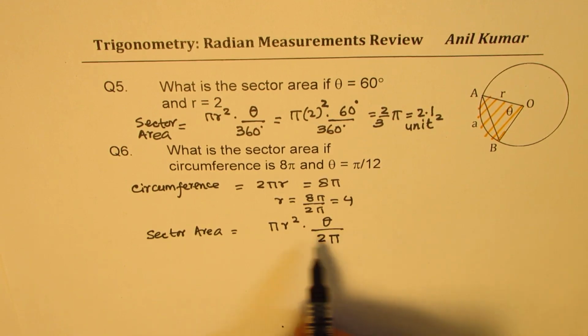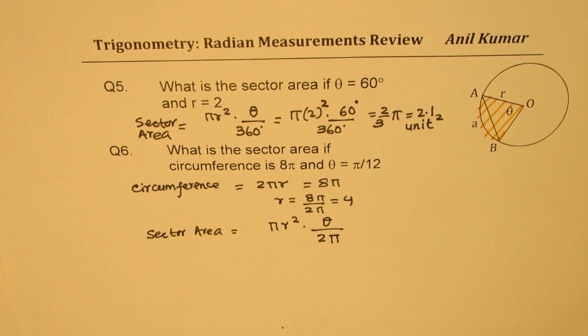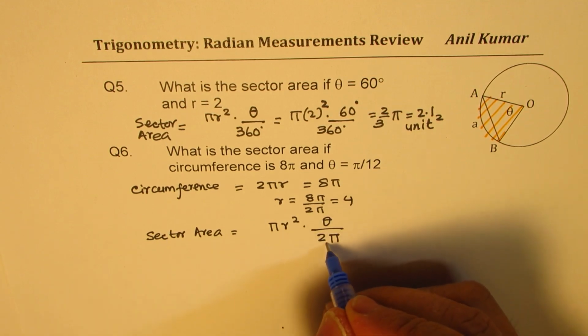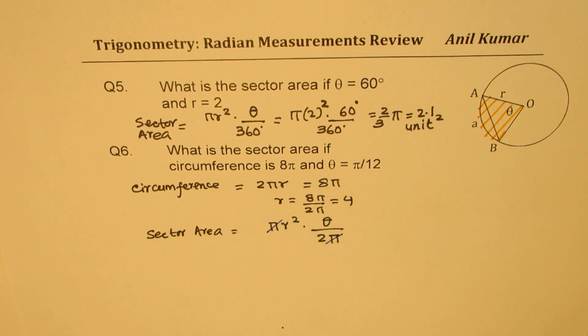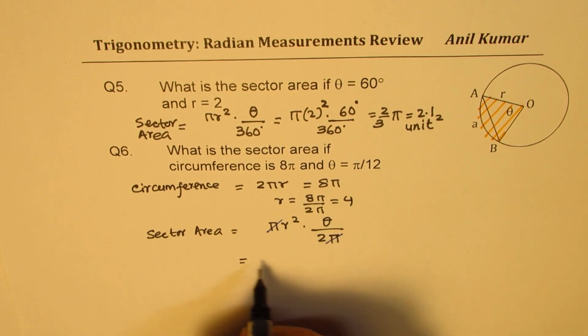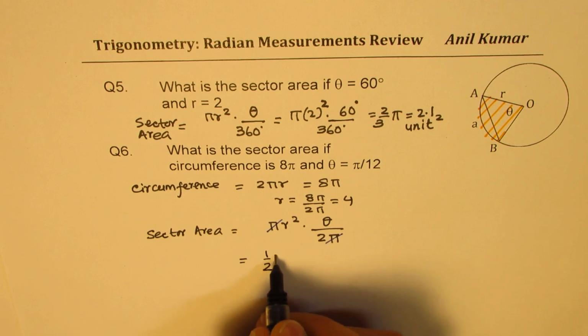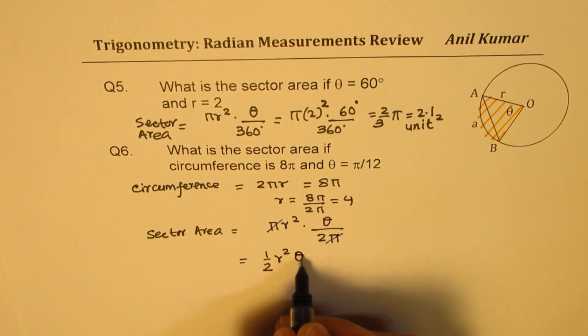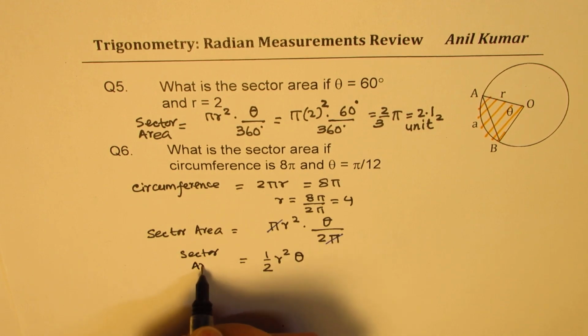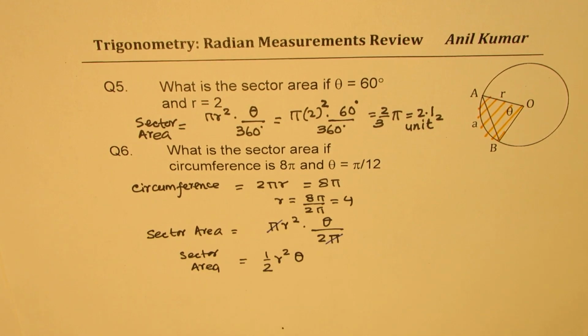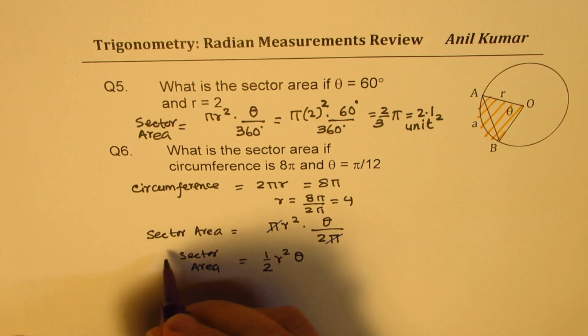Now see how simpler this particular formula becomes. Since we are dividing by 2 pi, the pi and pi cancel, right? So we get this area as equal to half r square theta. So that is the sector area. So it is a very important formula to remember.